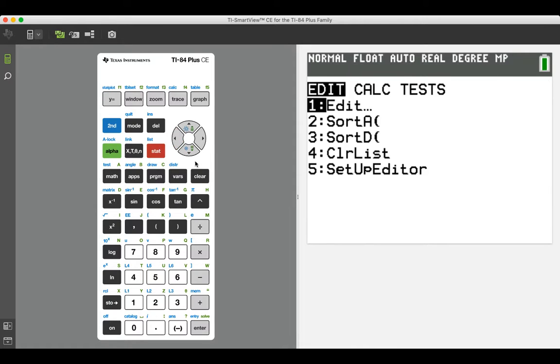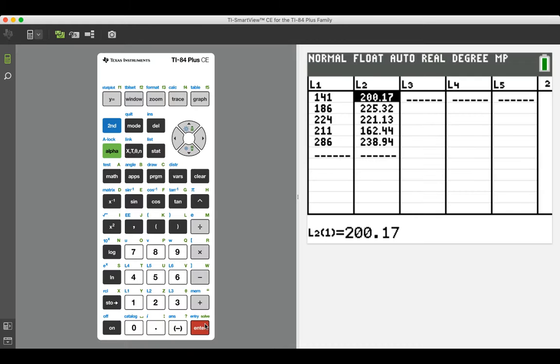I went to Stat, went to Edit, and I have my list. My L1 is my observed counts, and my L2 was my expected counts. Instead of writing out all the values to get the chi-squared statistic, we are just going to do it on the calculator.